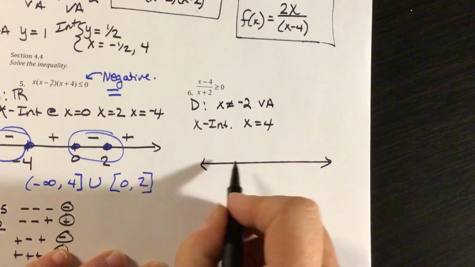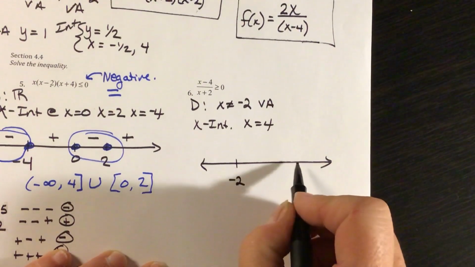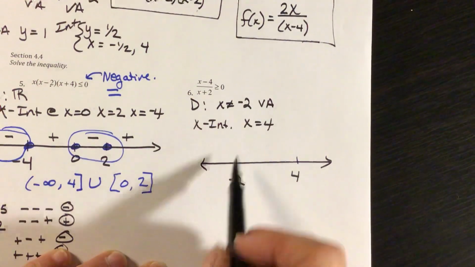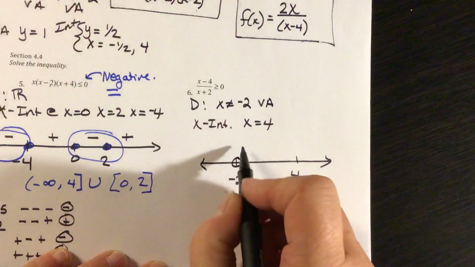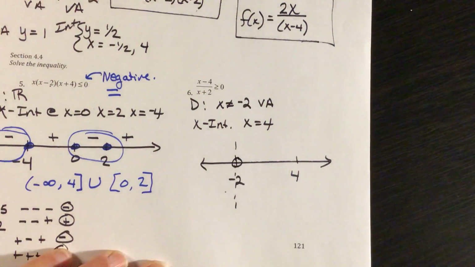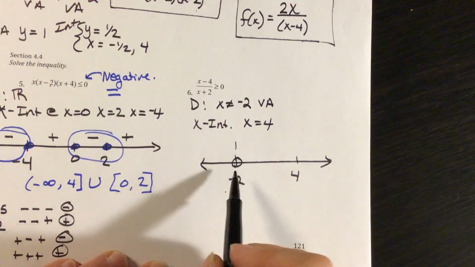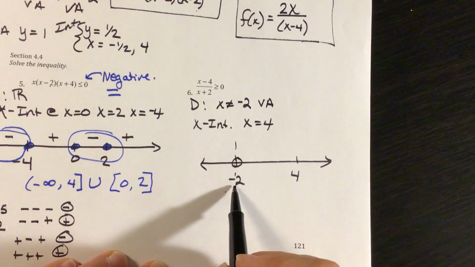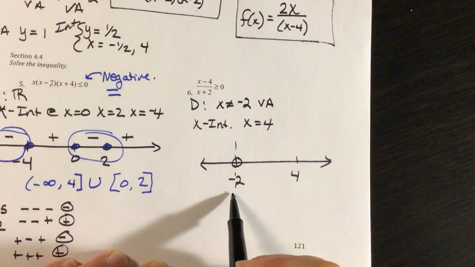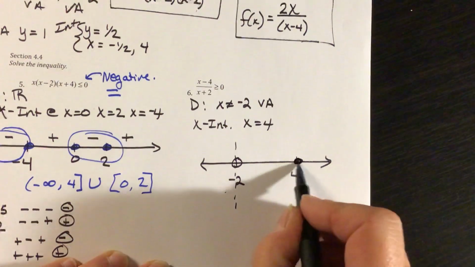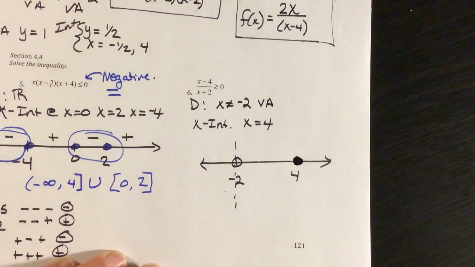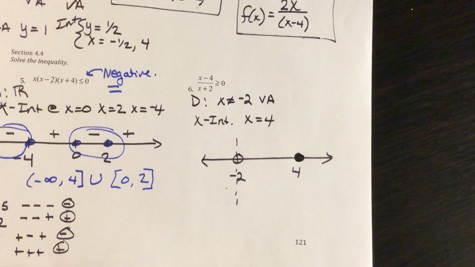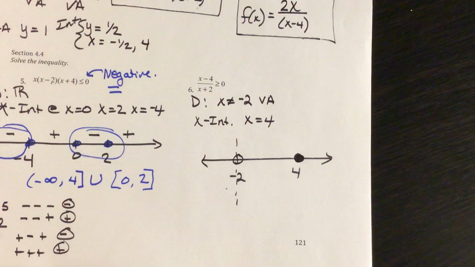So if I put those on my graph, -2 and 4, and I am going to note that I have a vertical asymptote at -2, and what that tells me is that I can never include -2 in my solution set. I'll never get a value for -2. But 4 is an x-intercept, so I am able to include 4 in my solution set.